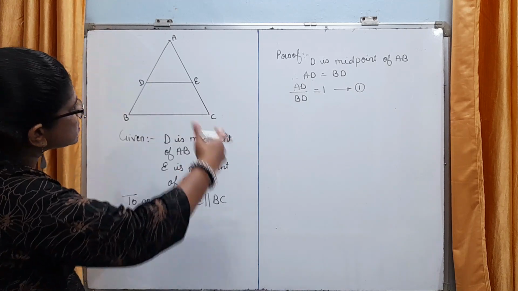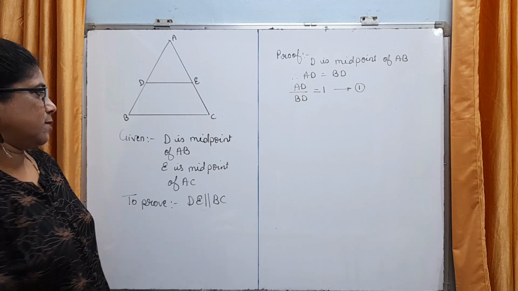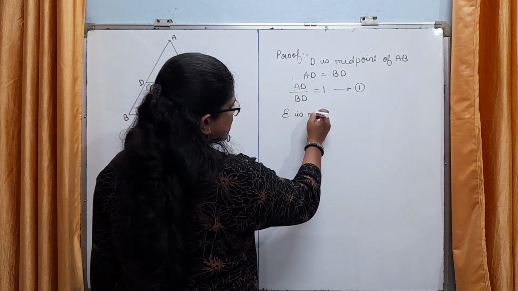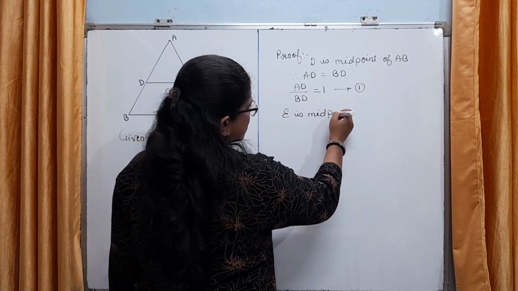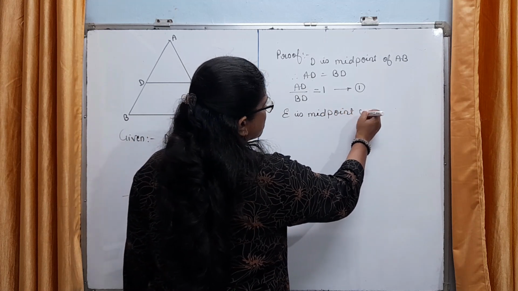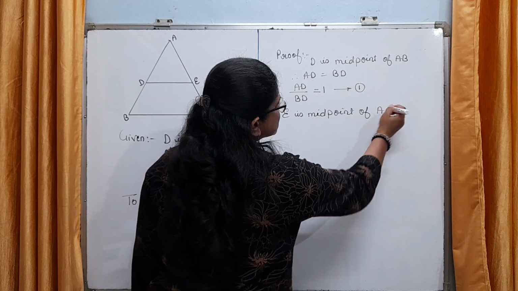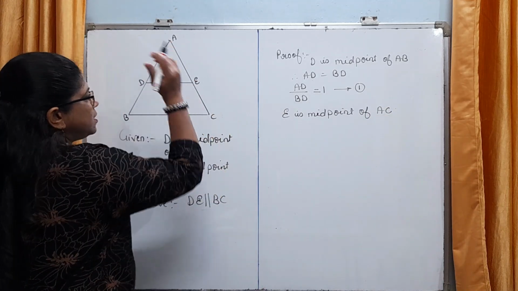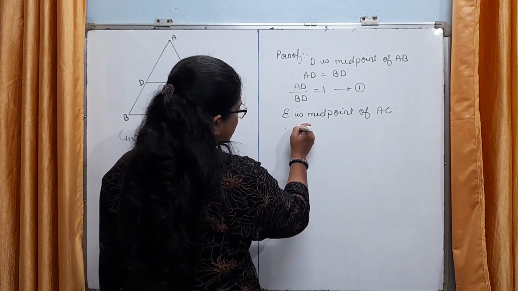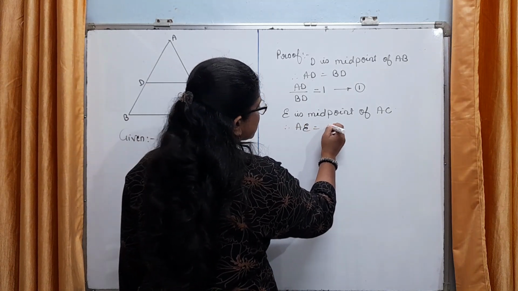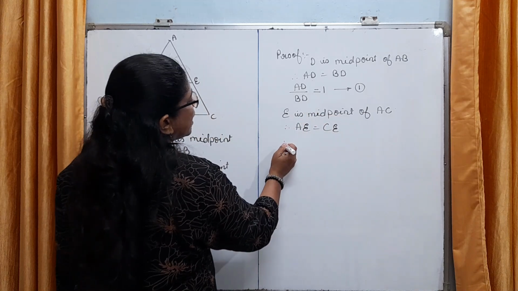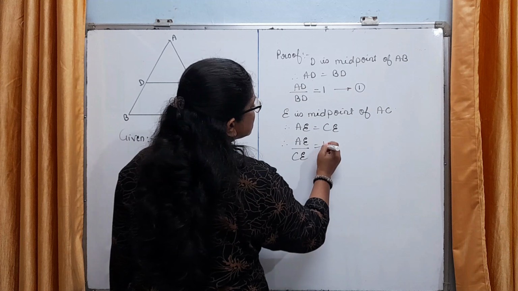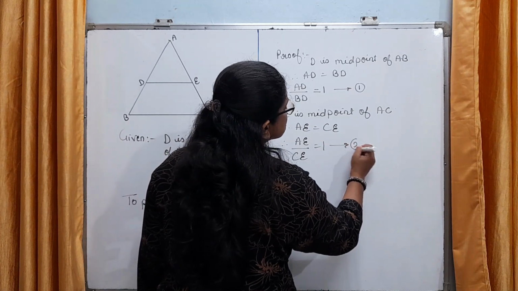Now, let us move to AC. Now here they have given that E is midpoint of AC. Now if E is midpoint of AC, AE is equal to CE. Therefore, AE is equal to CE, and therefore AE upon CE is equal to 1. Let us mark this as 2.